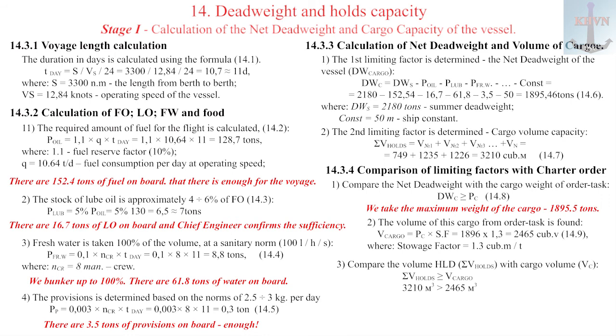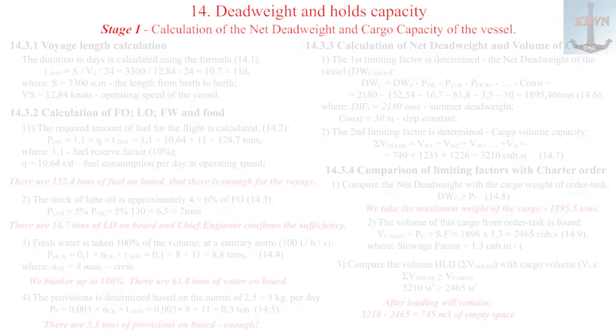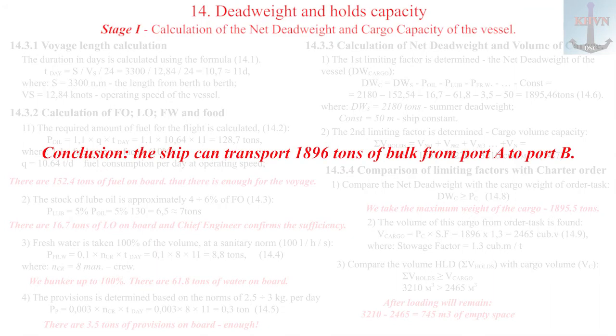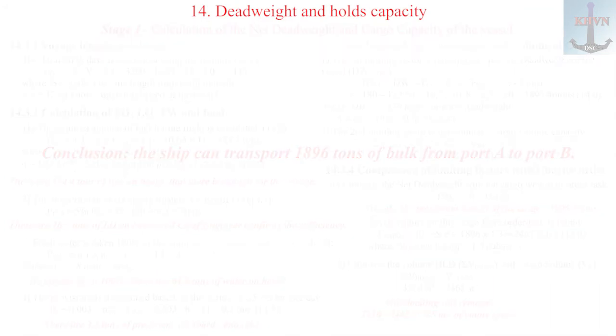This condition is met. Conclusion: the capacity of cargo holds does not limit us in any way. After loading, 745 cub.m of empty space will remain. General conclusion: the ship can transport 1,896 tons of bulk from port A to port B.